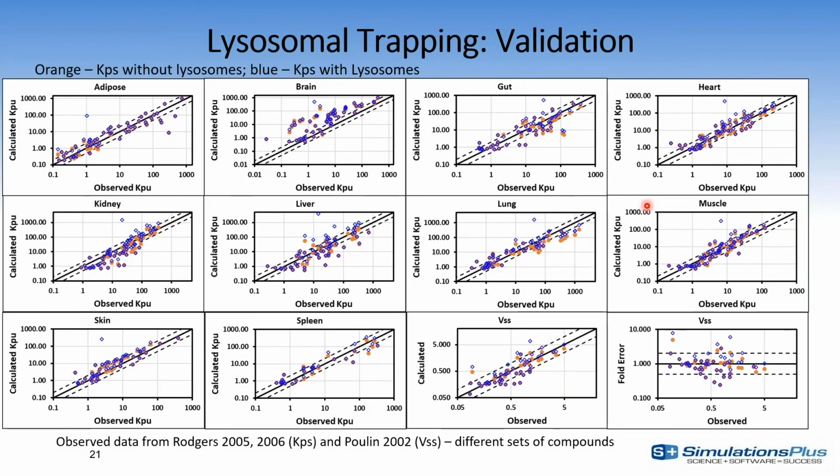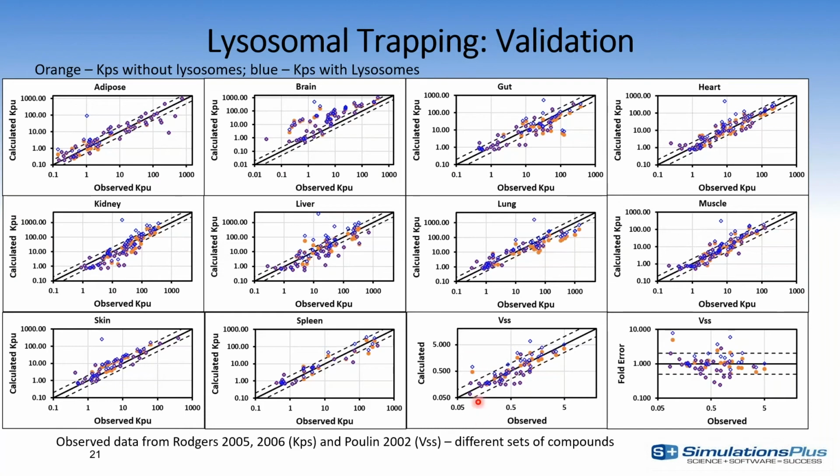Here is some validation we did with the lysosomal trapping method. The orange dots are the Kps without the lysosomal trapping, so it's using our old method, whereas the blue dots are the Kps with lysosomes. You do see shifts, which are very obvious in some of the tissues, such as the kidney, liver, and lung, which have more lysosomal content.